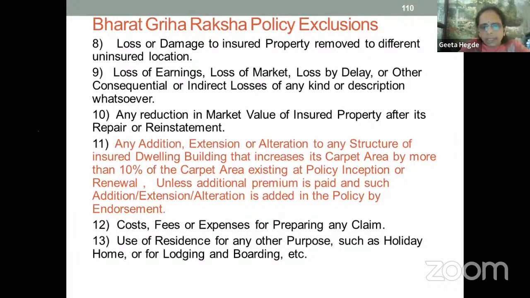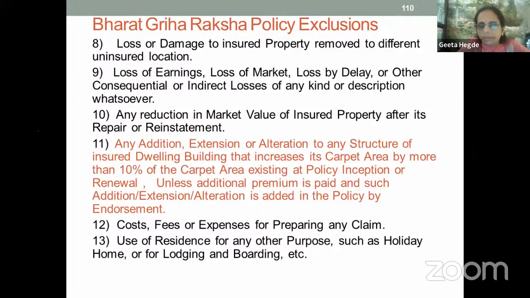You will observe that what we had as omission to insure addition, alteration in the SFSP policy, this is similar to that, but the word omission is not there. So it is not an omission by the insured. All three policies cover this benefit as addition, extension, or alteration.